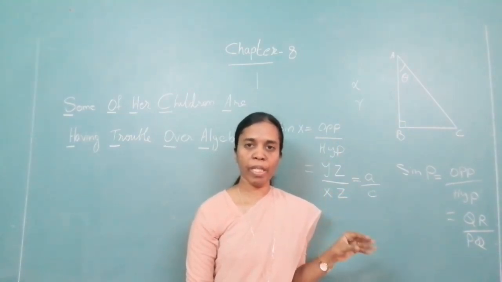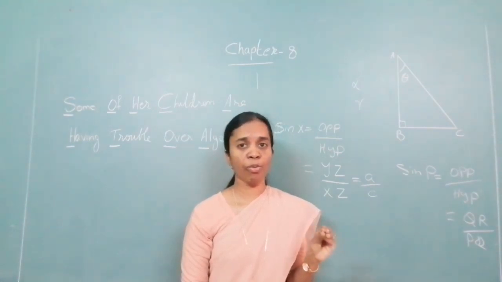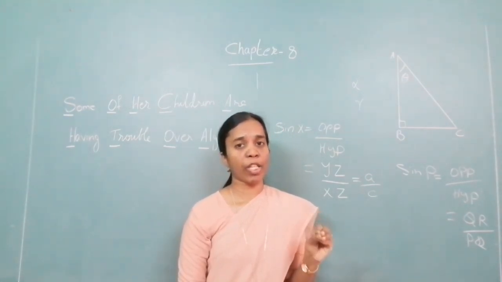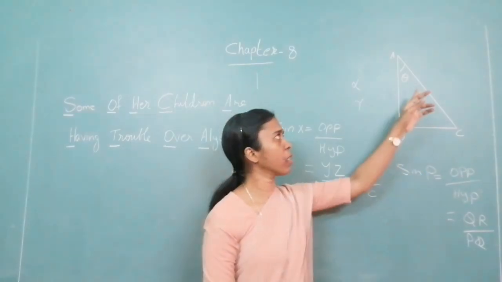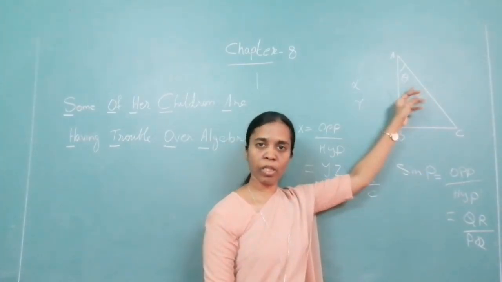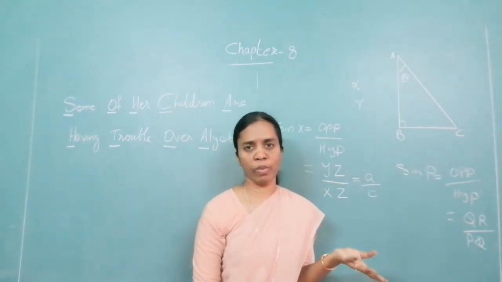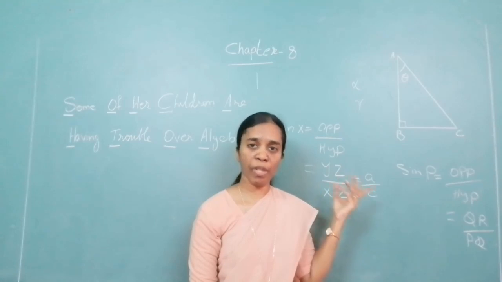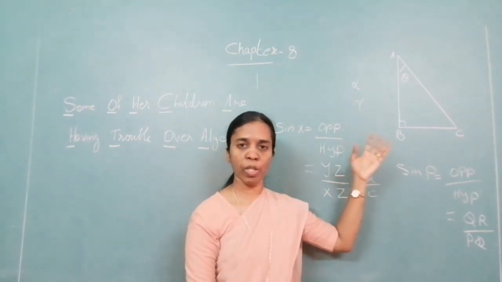Theta, alpha, beta, gamma are used as the measure of a particular acute angle. So don't get confused with that letter. This theta can be 30 degrees, 45 degrees, 60 degrees, 36 degrees, whatever, it does not matter. Like how we use a variable in algebra, in the same way we use theta just to mention the value of that particular angle.